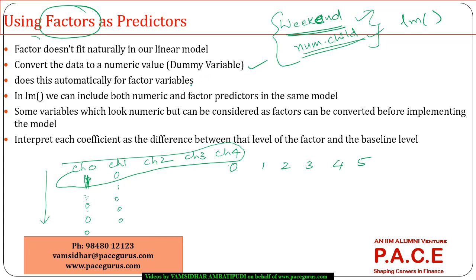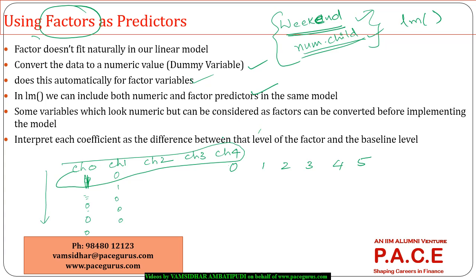R actually does this automatically. We don't need to bother more about it. I just have to give the input as factors, and when I give all the factor variables as input, it automatically does this process. So in the LM function that we use for the linear regression model, we can use both numeric variables and factor variables as the overall predictors.